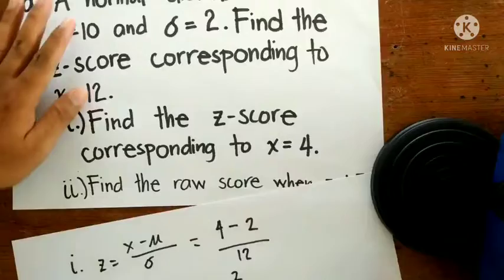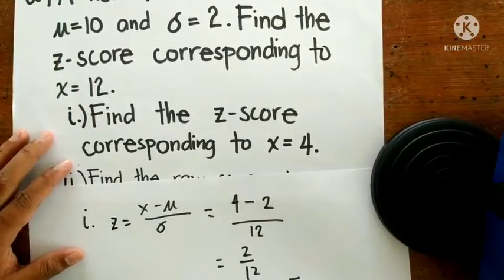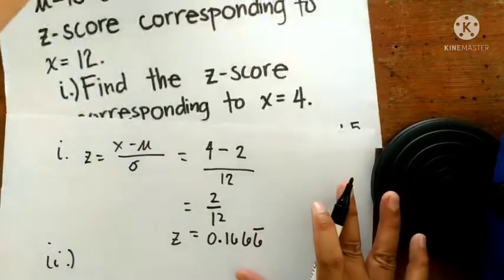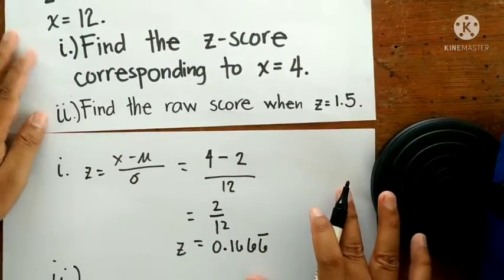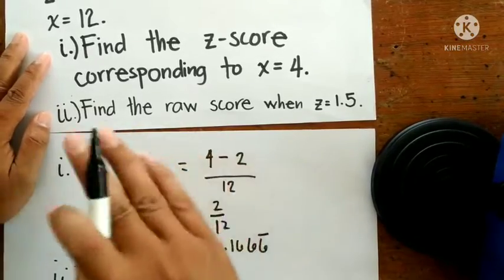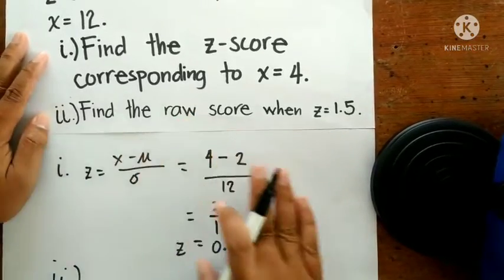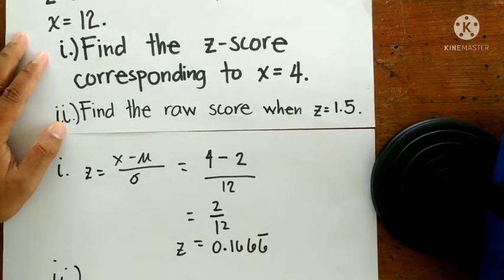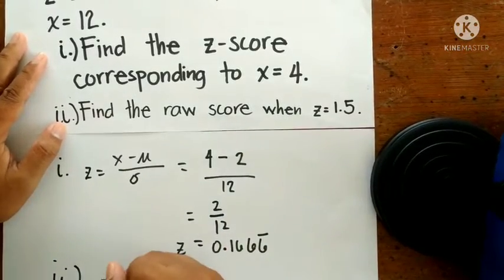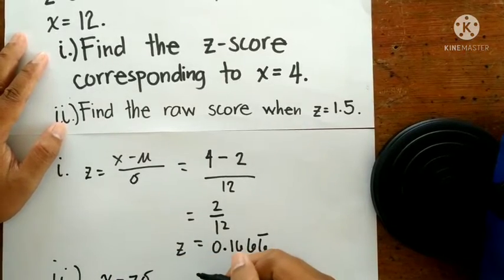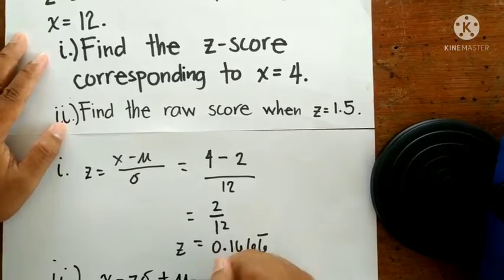Next, for our last question, it says find the raw score. This time we are not going to find the z-score. Instead, we are going to find its raw score when z is 1.5. Our formula will be x equals z times standard deviation plus mu.